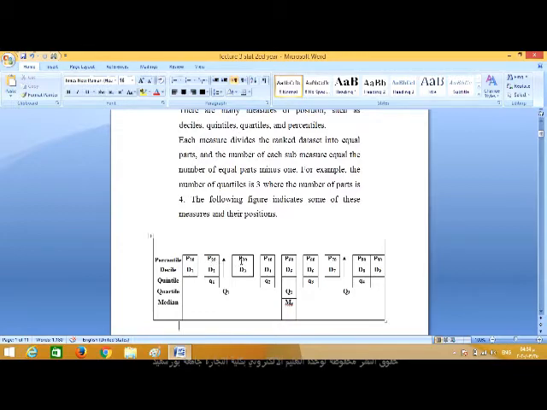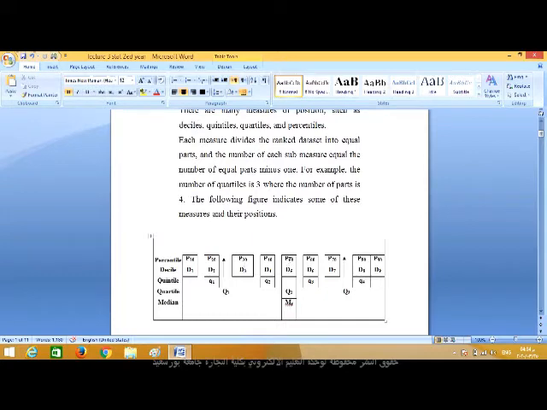Okay? P30 equals D3, the third decile equals the 30th percentile, and so on. The 40th percentile equals the fourth decile and also equals the second quintile.